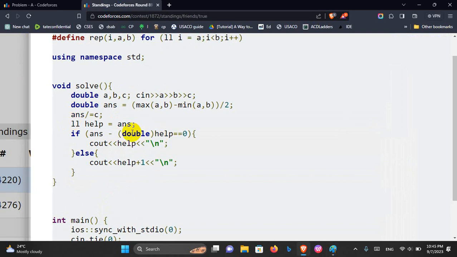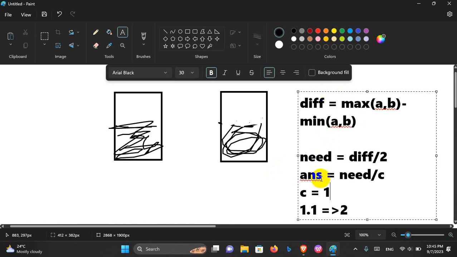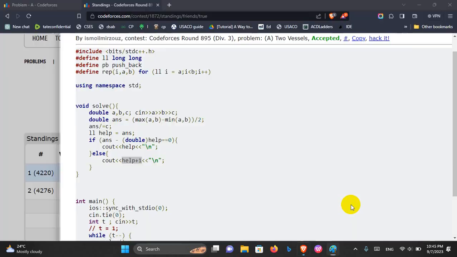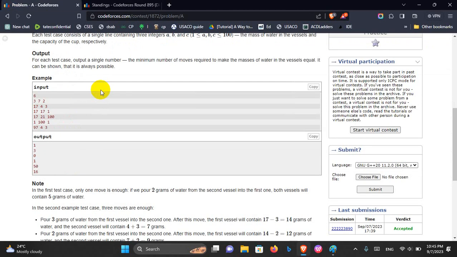In this way, it is easy to distinguish. If the fractional part is 0, we just print the answer. Otherwise, we print the answer plus 1. You can do this in another way, but the idea is here. If you got this, we will move on to problem B.